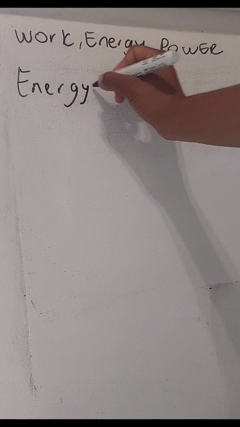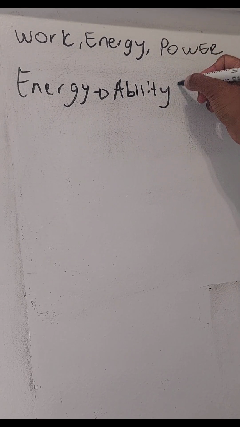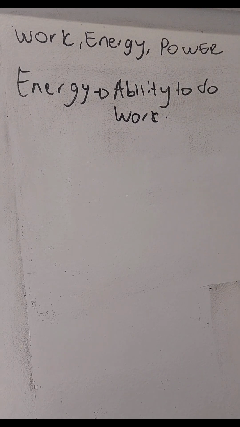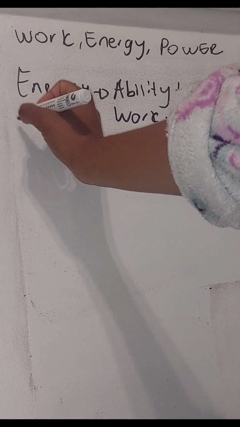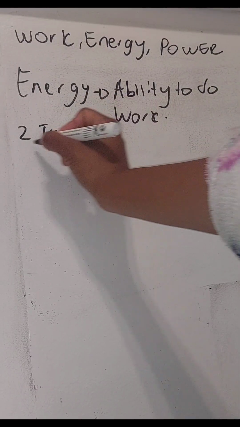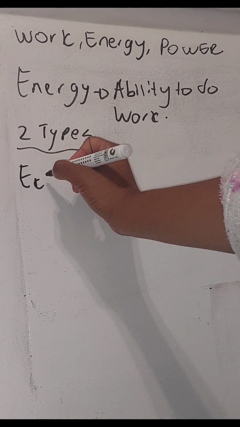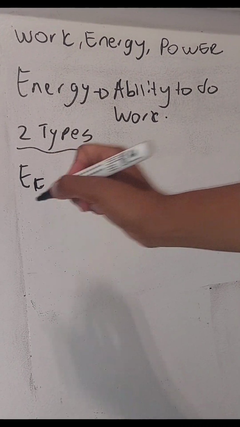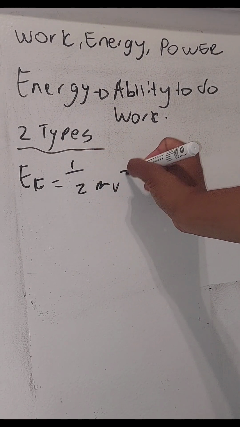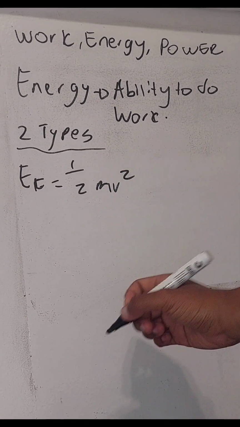Now let's move on to energy. Energy is the ability to do work, and we have two types of energy. We have kinetic energy. This is the symbol of kinetic energy, and the formula is half mv squared, which is half mass times velocity squared.